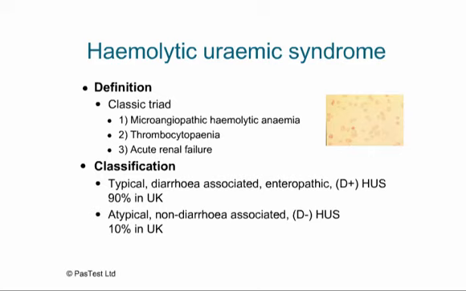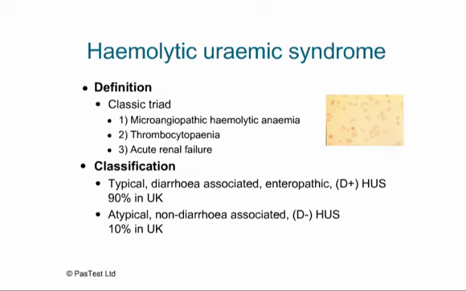The much more common type is the diarrhea-associated, also known as enteropathic or typical HUS, which from now on I'll refer to as D plus HUS. And around 90% of HUS in the UK is D plus. The remaining 10% is so-called atypical or non-diarrhea-associated, non-enteropathic or D minus HUS. And we'll look now at the various causes of these.